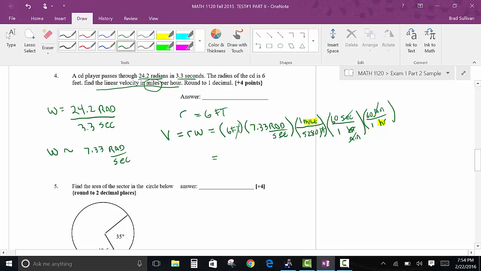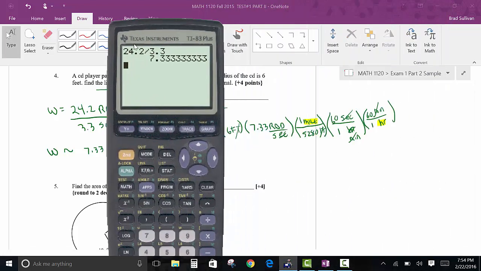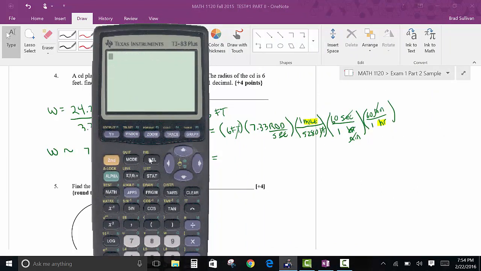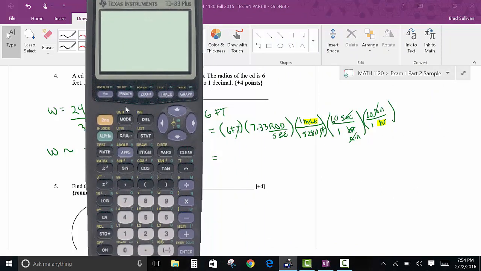So now I need to take the calculator and crunch it out. I'm going to slide this over to the side so you can see what I'm doing. I'm just going to take 6 times 7.33 times 60 times 60. That's just going straight across. So that'll give that amount. And then the denominator, you've got 5,280, so we're going to divide that by 5,280.